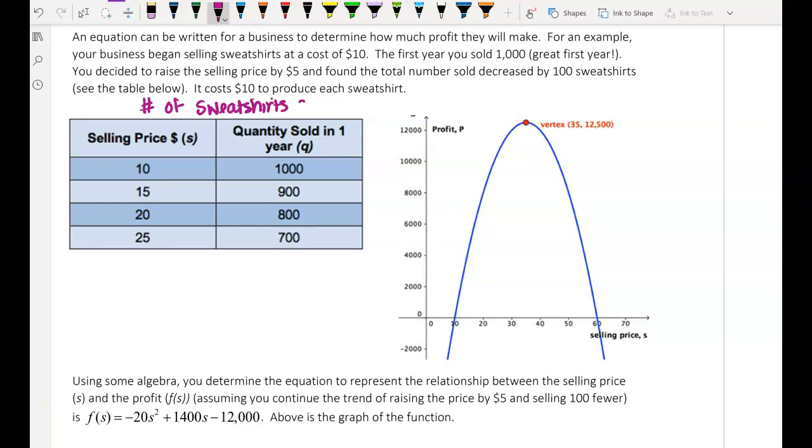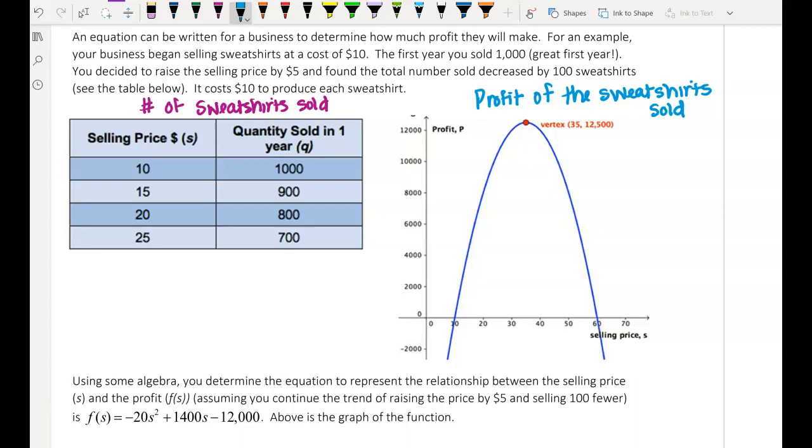at each price. The chart over here, this is the profit of sweatshirts sold. So they are not the same thing.